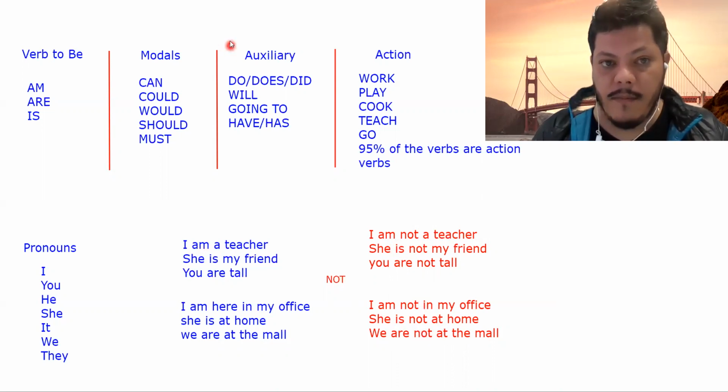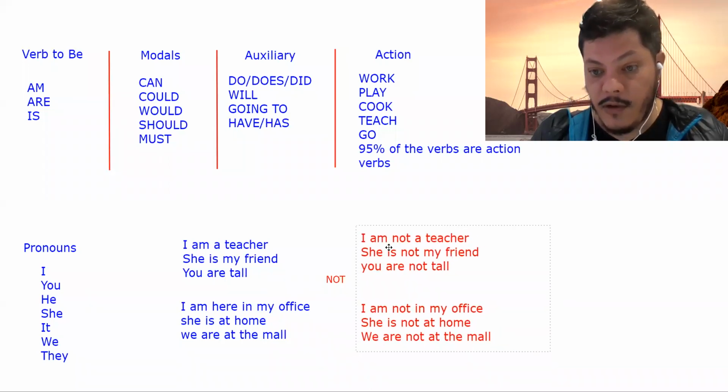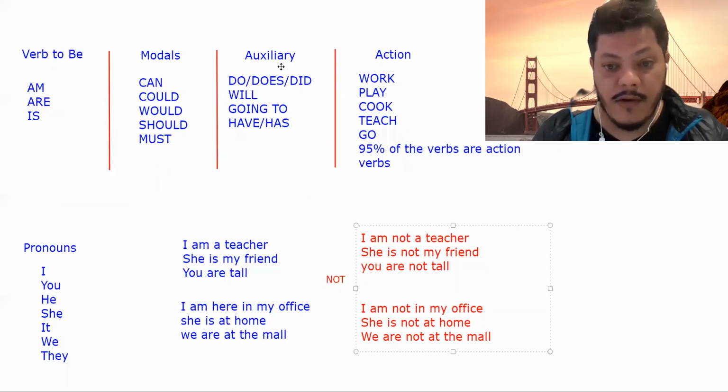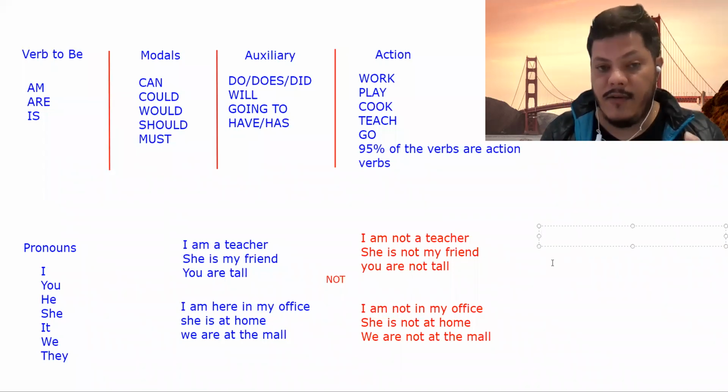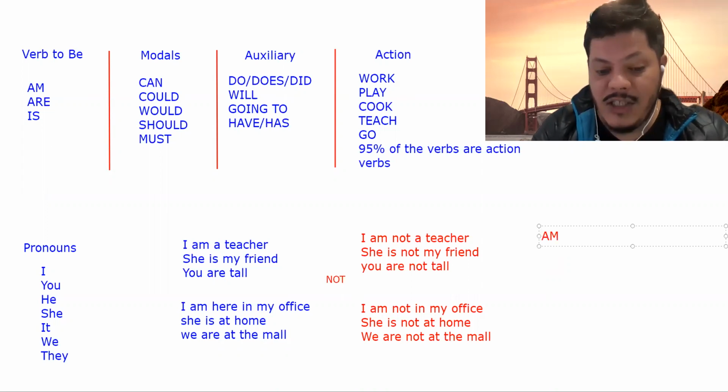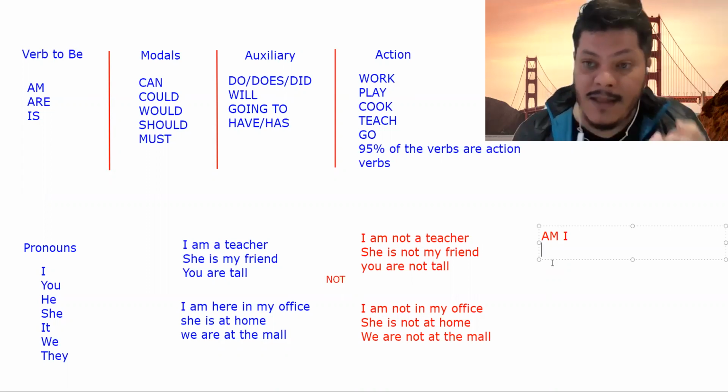There's no secret there. Now, when we talk about interrogatives using the verb to be, there's a little catch. When we use interrogative statements using the verb to be, we have to change the position between the verb to be and the pronoun.